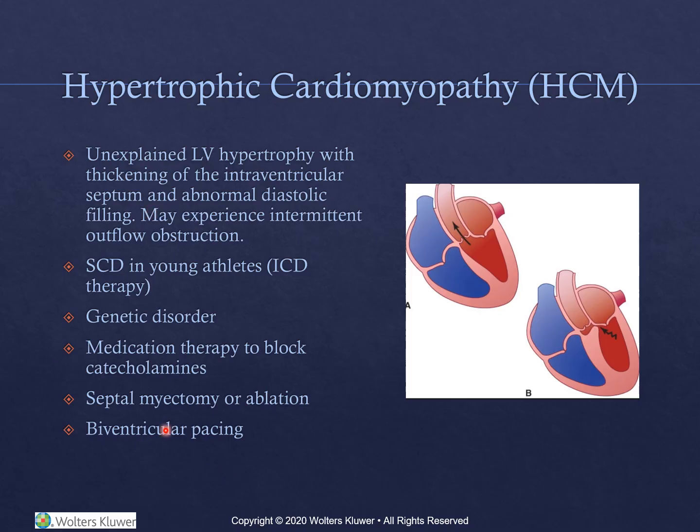We can also do things like septal myectomy or ablation to try to reduce the overall size of the septum, especially if we want to try to prevent that outflow obstruction. And another thing we can sometimes do is something called biventricular pacing, where we insert pacing wires in both ventricles to try to resynchronize the heartbeats.